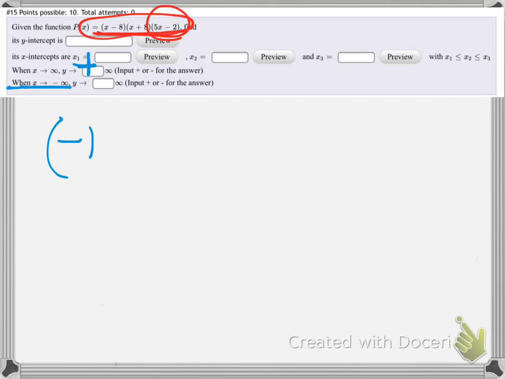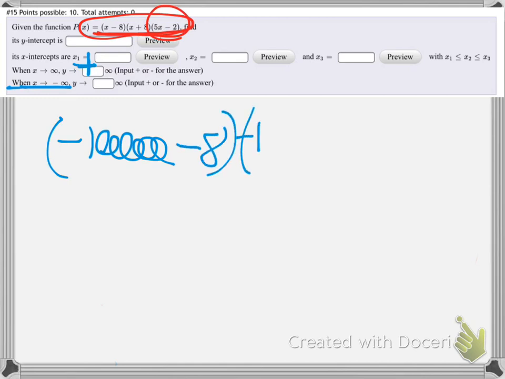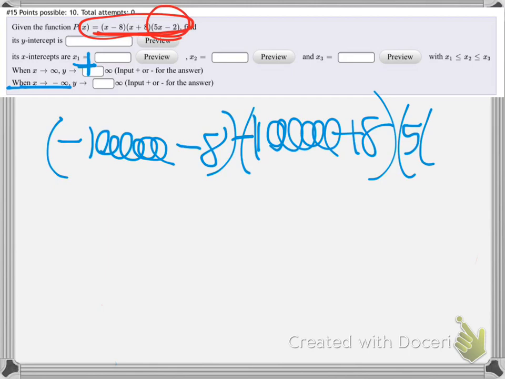Who cares about the zeros? We'll just do cursive. That would be negative 1,000,000 take away 8, negative 1,000,000 plus 8, and then 5 times negative 1,000,000 minus 2.